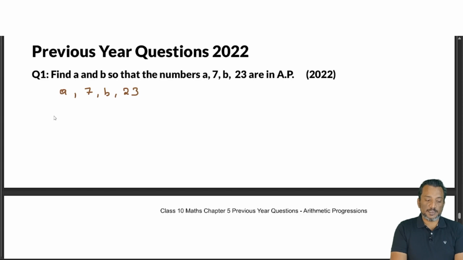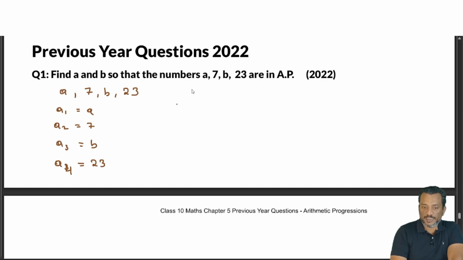So A1 is equal to A, A2 is given as 7, A3 is given as B, and A4 is given as 23. So we can say it is in AP.